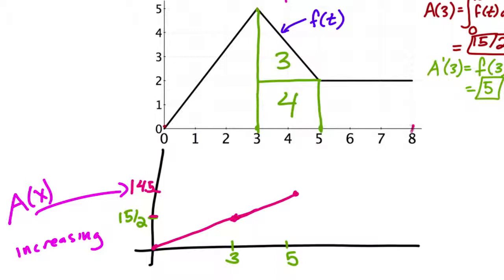Okay, and then from 5 to 8, that's 1, 2, 3, so that's 6. So from 5, 6, 7, 8, you'd go up another 5, so that's going to be 19.5. And so roughly, that's kind of what it looks like. This might be a little curvy, but that's good enough. Just a rough sketch.